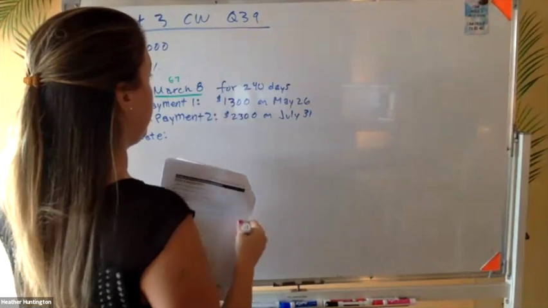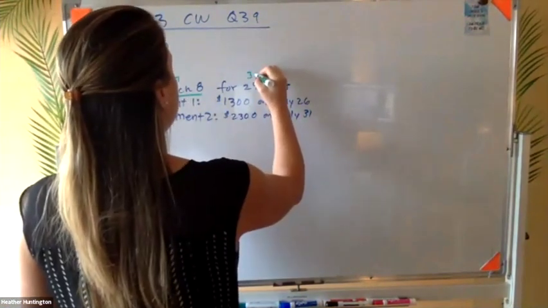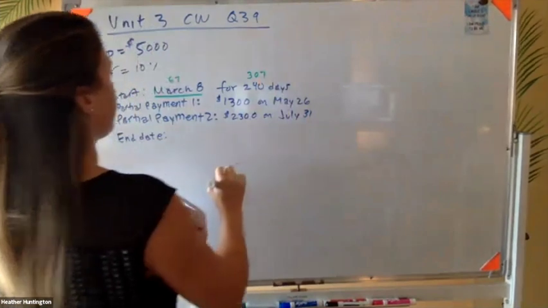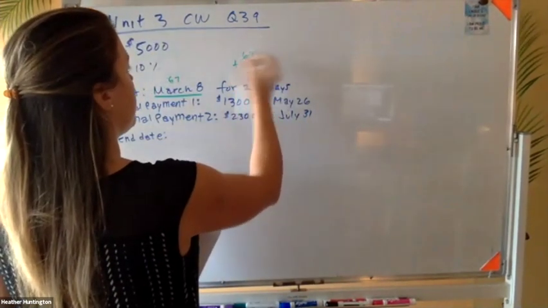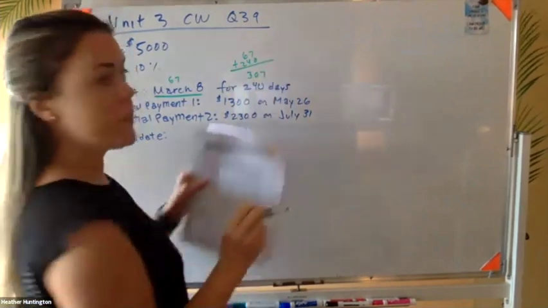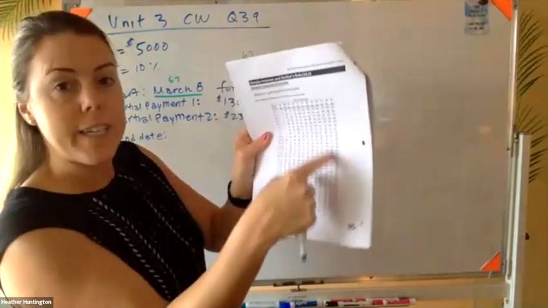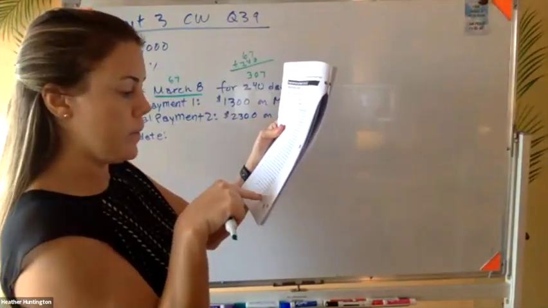So that plus 240 is 307. Right? So 67 plus 240 is 307.